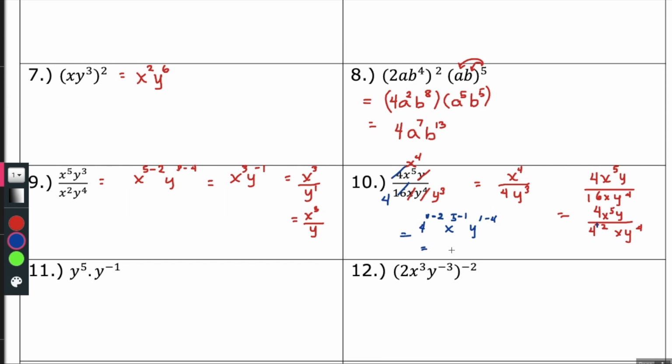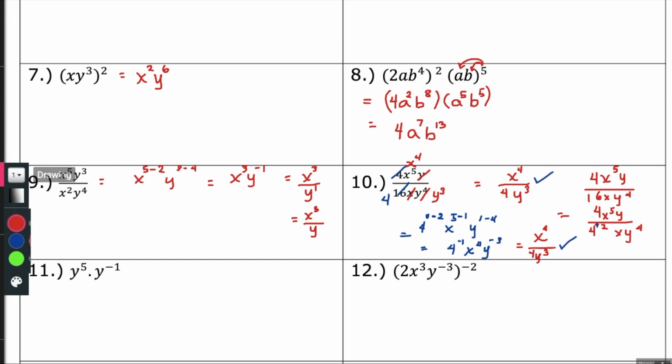So you will have 4 raised to the negative 1, x raised to the 4th, and y raised to the negative 3. Now, if you look at the items, you see that 4 and y have both negative exponents, which means that you have to bring them down, giving you x raised to the 4th over 4y cubed, which is exactly the same as our first answer.